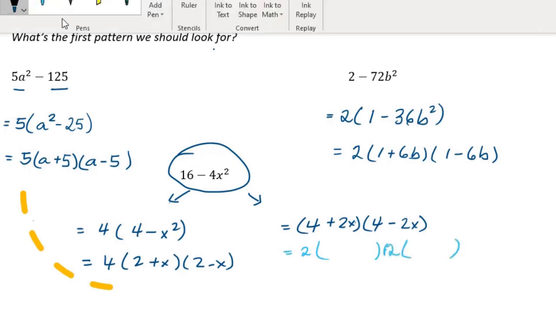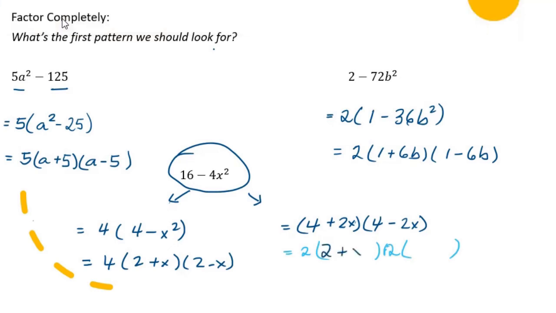What happens when I pull a 2 from 4 plus 2x? I get 2 plus x. When I pull a 2 out of 4 minus 2x, I get 2 minus x. So all I've got here is 2 times 2 plus x times 2 times 2 minus x. Why don't I take those 2s and pull them out front? 2 times 2 is 4. That tidies it up quite a lot. And now we have the same answer as we had before.